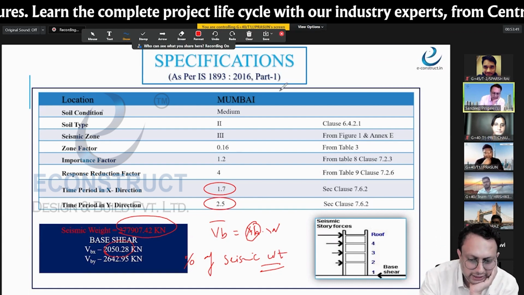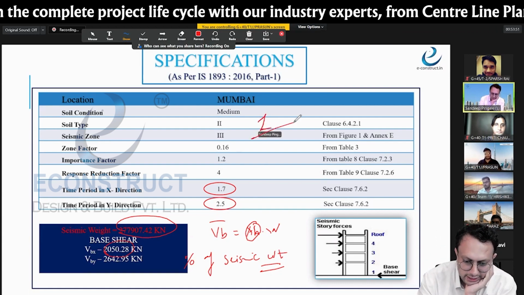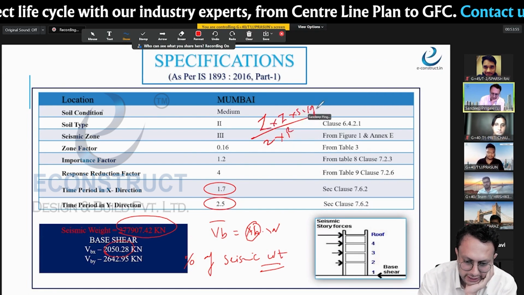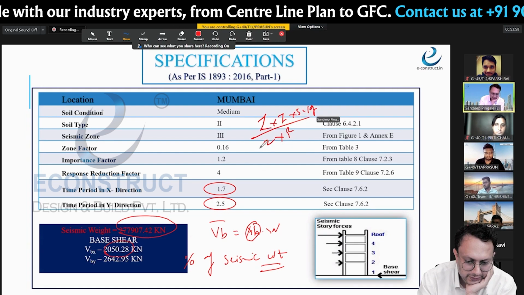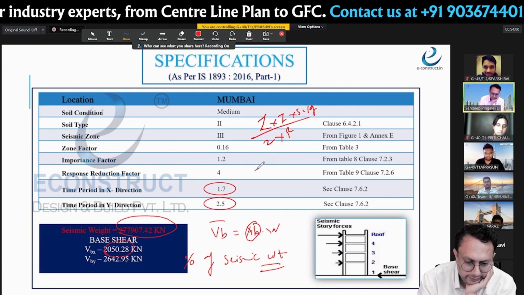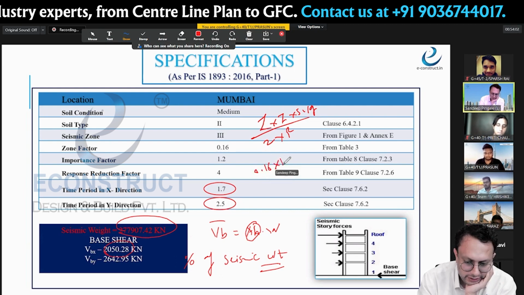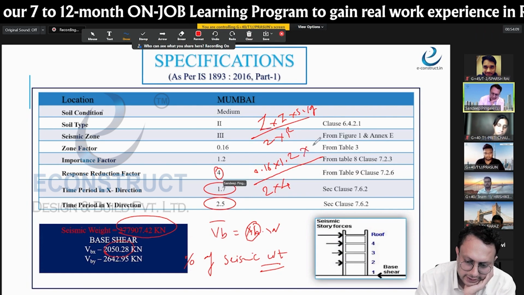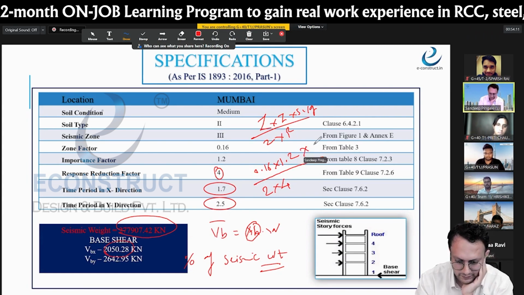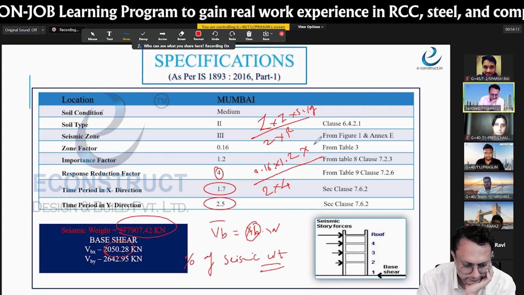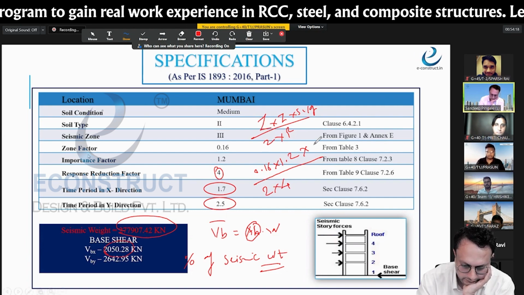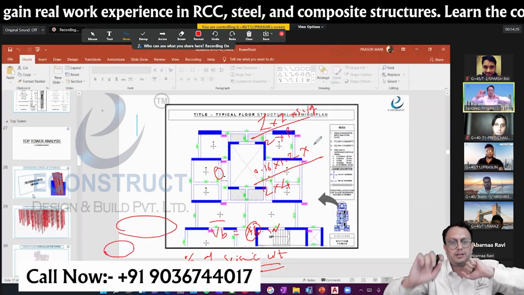Let's calculate it here. Ah is Z by 2 into I by R into Sa by g, right? Z is how much? 0.16 into 1.2 divided by 2 into 4, correct? R is 4. Sa by g value is coming how much? How much are you getting?